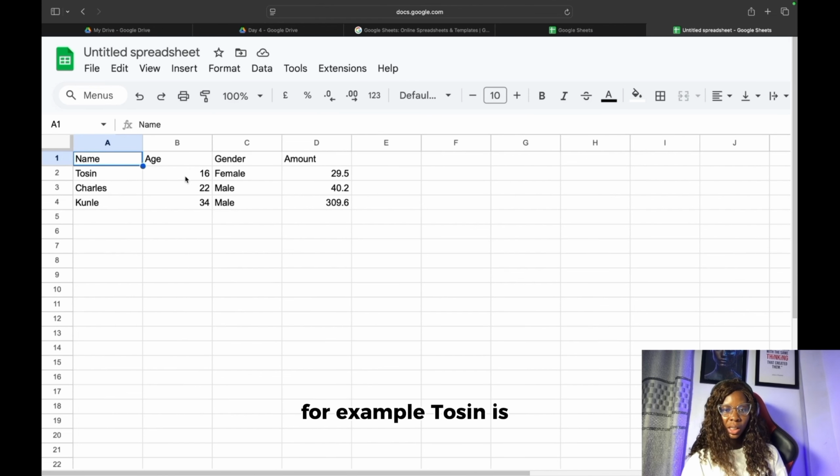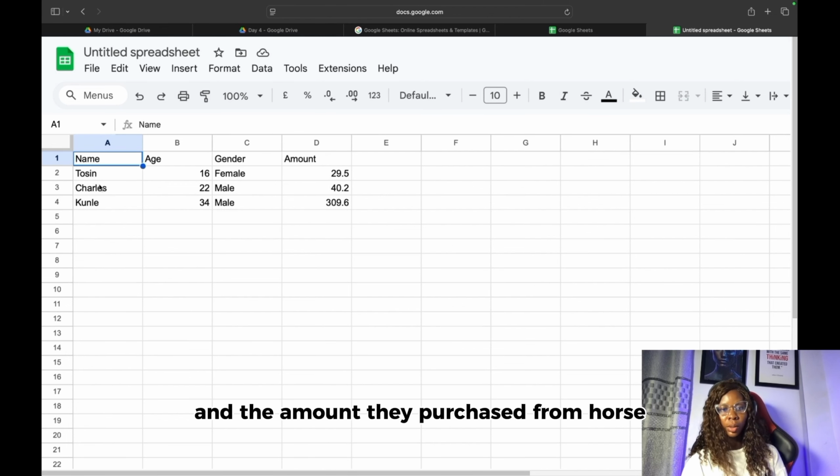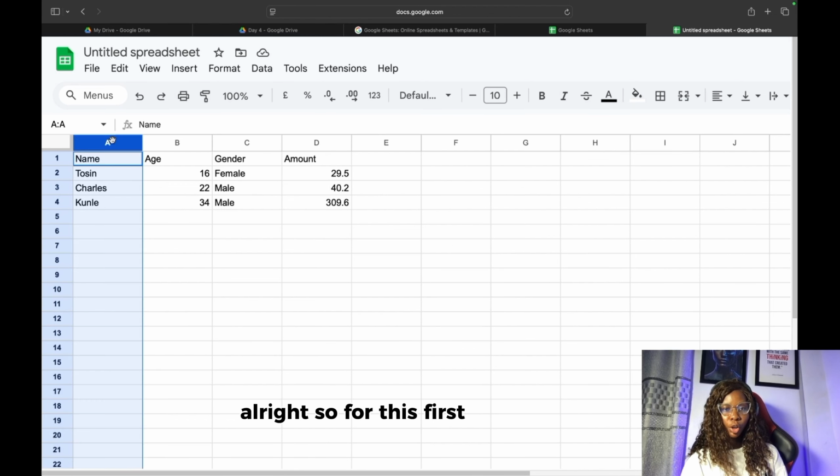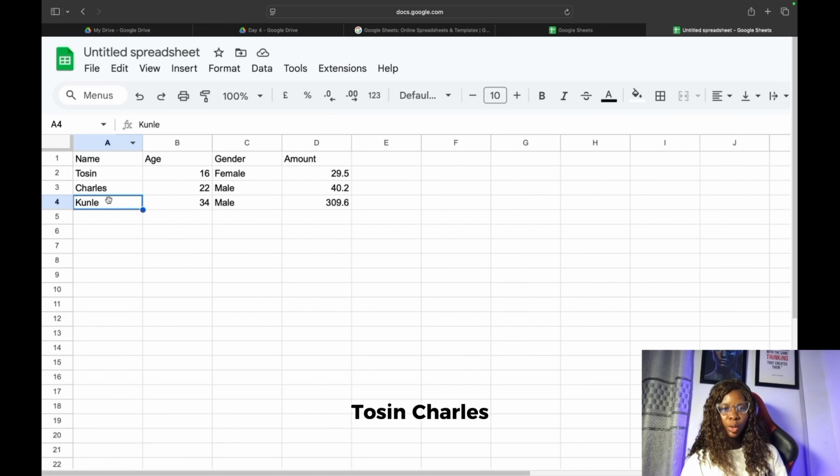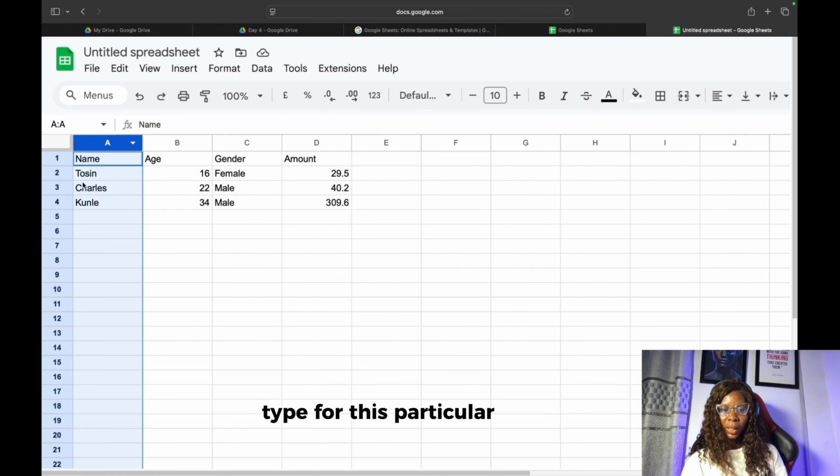For example, Tosin is 16, Charles is 22, Kunle is 34. We have their gender and the amount they purchased from us. All right. So we are going to be checking the data type by columns. So we have the names of people: Tosin, Charles, Kunle. Tosin, Charles, Kunle are textual data, which means that the data type for this particular column will be string, right? So this will be string data type.